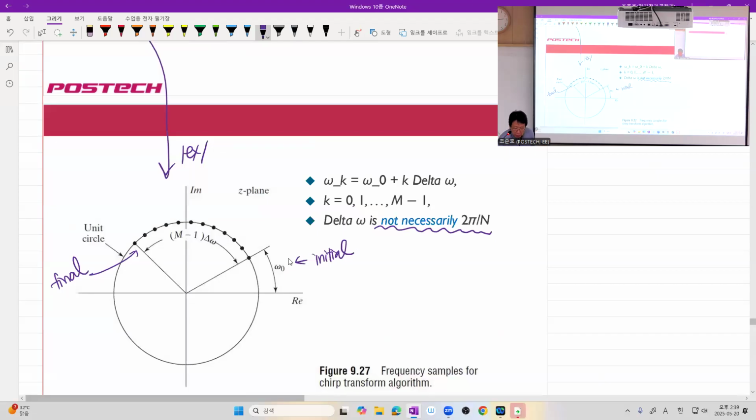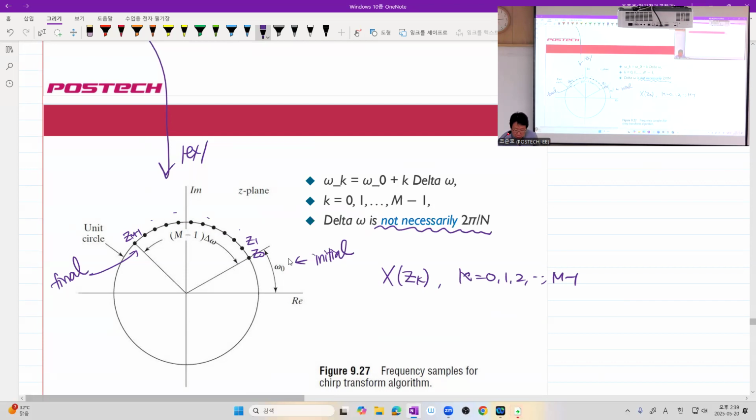So let me repeat. This is Z sub 0. This is Z sub 1 up to Z sub M minus 1. So we want to obtain capital M Z transforms. Got it?